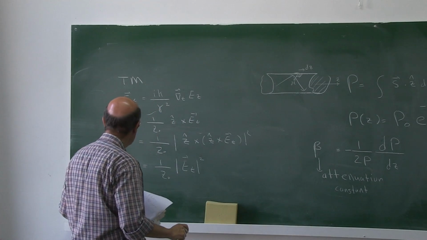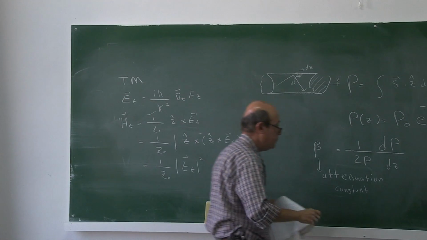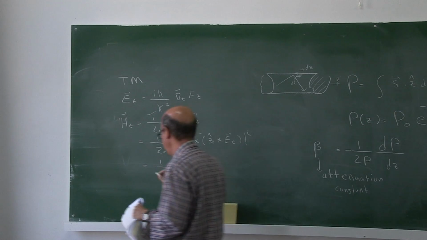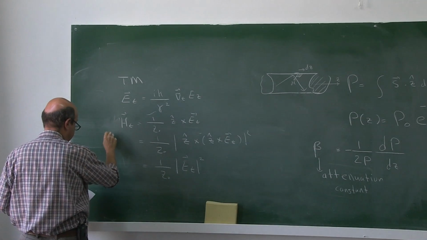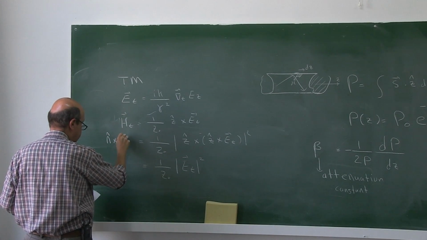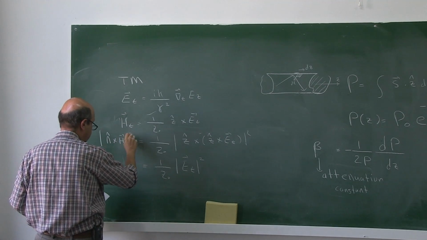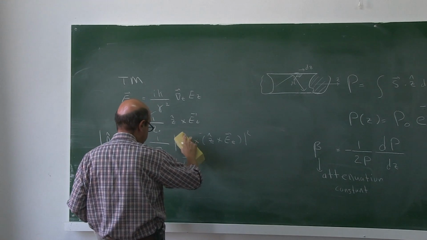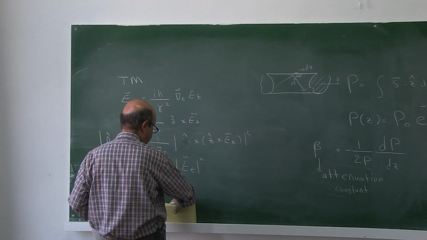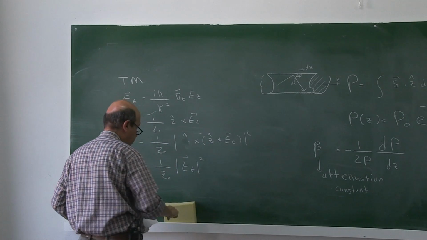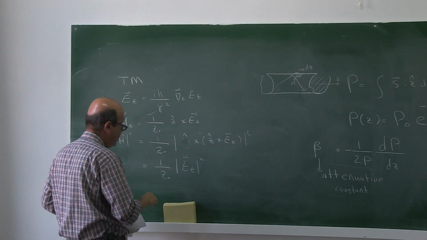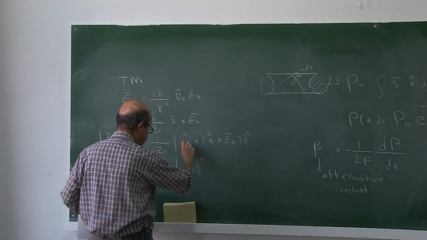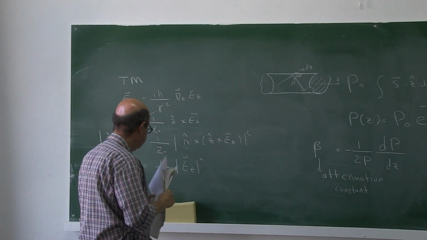Basically, I am sorry, I am trying to calculate the N cross H, and take the absolute value square. So what is N? Let us think a little bit.